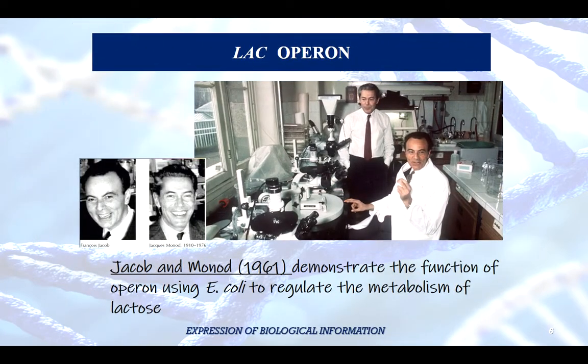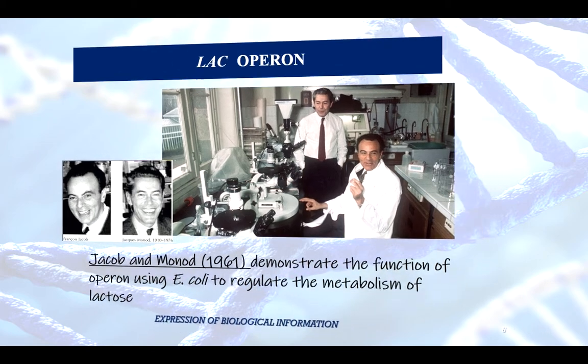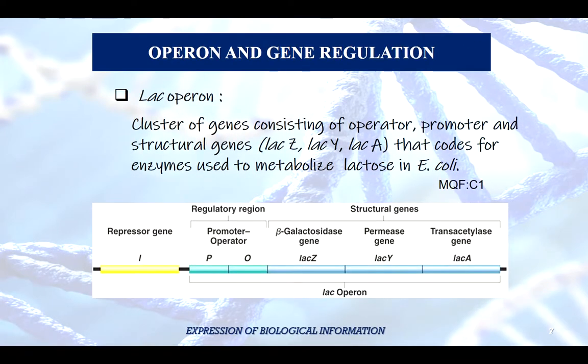To discuss the Lac Operon, we have to study the experiment by Jacob and Monod. They demonstrated the function of the operon, using E. coli, to regulate the metabolism of lactose. Now, let us discuss the Lac Operon.